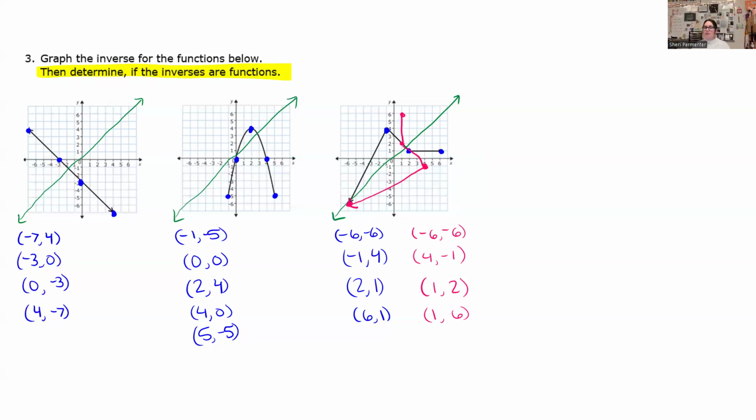But first we need to answer, is the red graph a function? Remember, it can't have anything that looks like a C. It can't have anything that overlaps on itself this way. So when I look at the red graph, does it overlap on itself? You also can't have vertical lines.